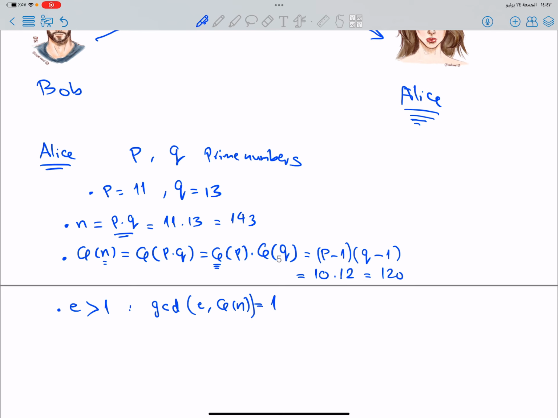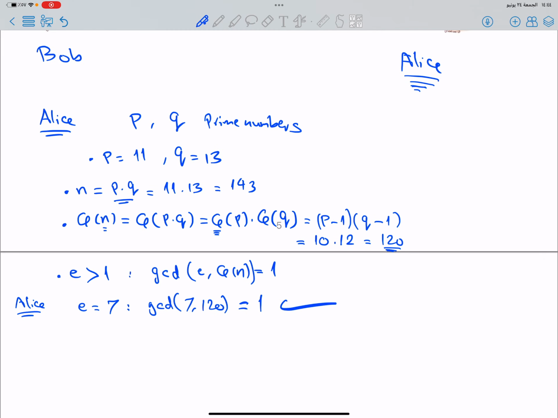Because phi N is 120, we should choose E as a prime number, for example, and this is better. We can choose, for example, 7. Alice chooses E as 7. And the GCD of 7 and 120 is 1. And this is very important.